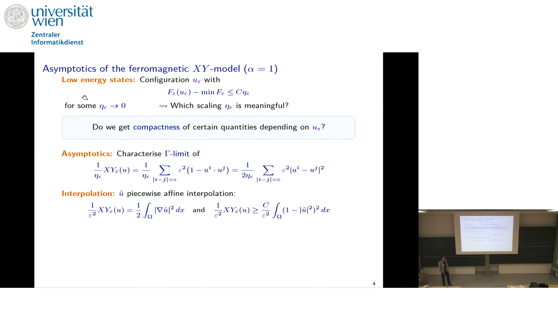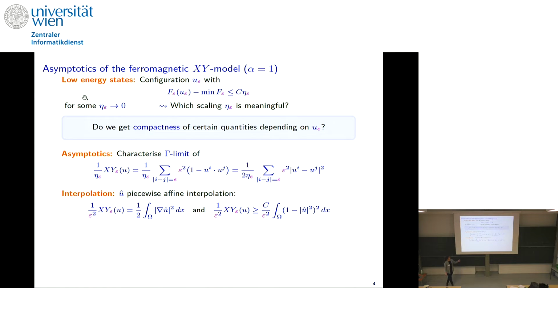But there is another energy comparison that you can do. I did a piecewise affine interpolation, so now my piecewise affine interpolation does not take unit values anymore, it doesn't take values in S1 anymore. I deviate from S1, but I can control with my energy how much I deviate from S1. So I get another control term here, my deviation from being a unit vector, and I can control it with the energy.